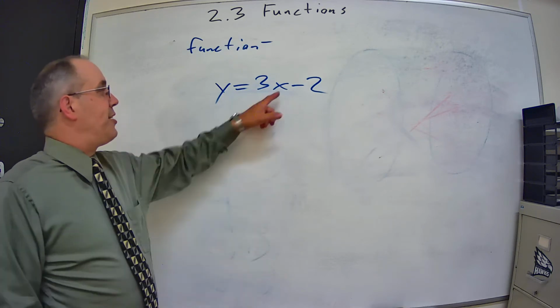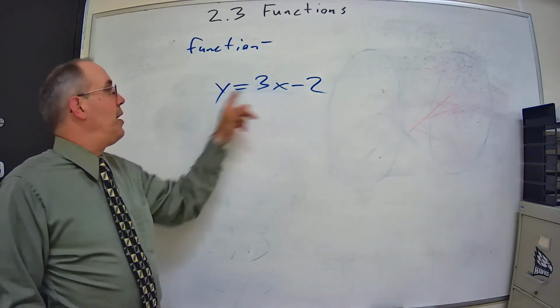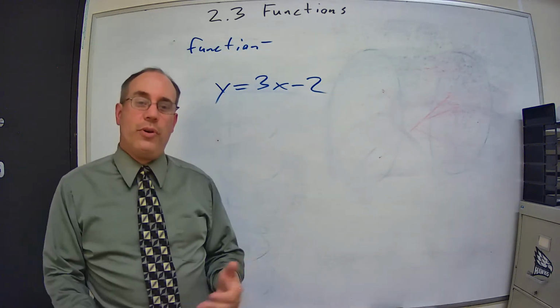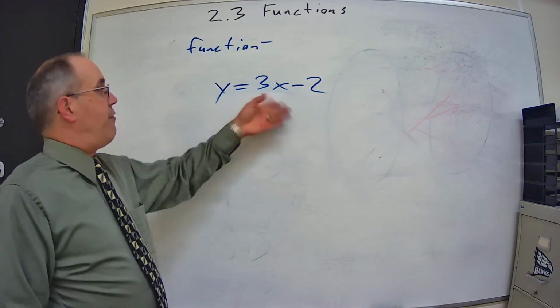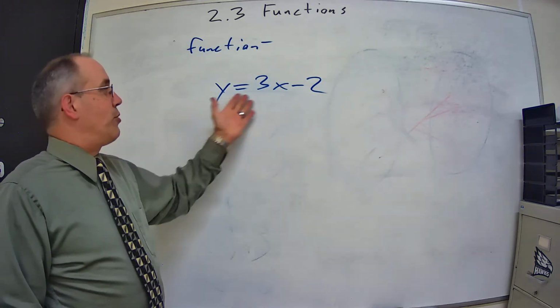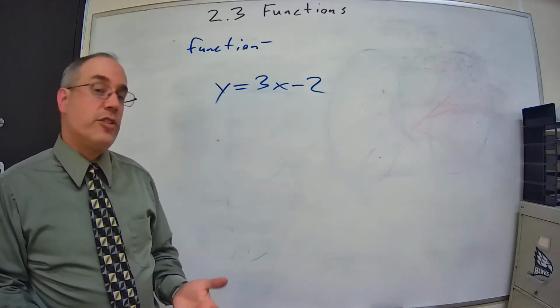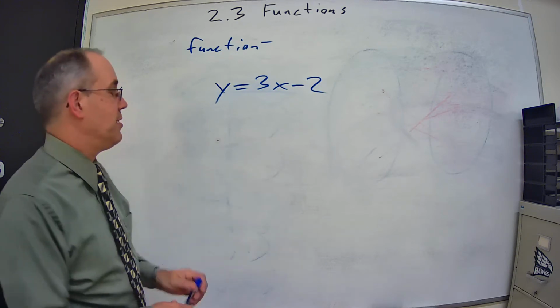It says take your input, multiply it by 3, and subtract 2, and that is going to give you your output y. And this is a function because if you recognize that that's y equal mx plus b, it's the equation for a line, and it's not a vertical line, right?